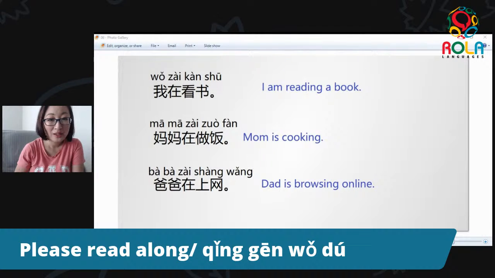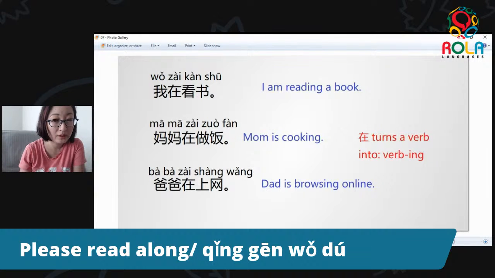And the last one means dad is surfing the internet, is browsing online. That's like a typical night at your home, right? The kid is reading a book, the mom is cooking, the dad is browsing the internet. Okay. So, all in all, the point is 在 turns a verb into verbing. Turns do something into be doing something.